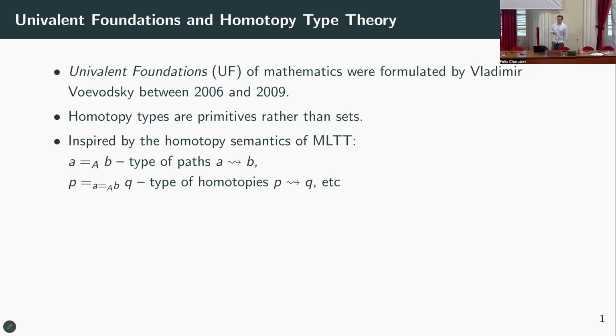The inspiration was the homotopy semantics of Martin-Löf's type theory, where we interpret the intensional equality type as a type of paths. If you take a type A, the equality between a and b is just a path between a and b, and then we can construct higher-level things, a higher type of homotopies, etc.